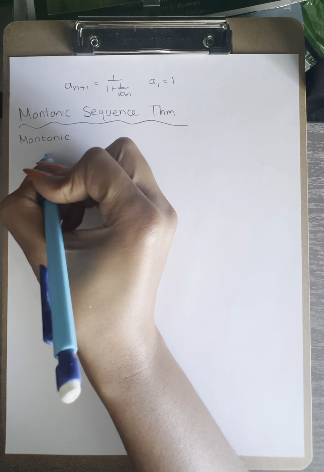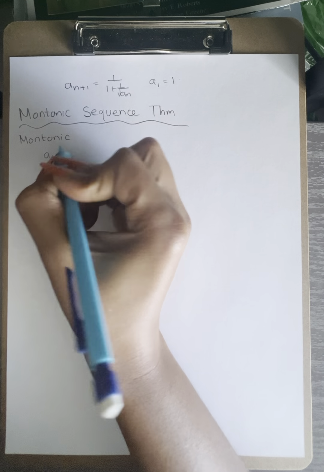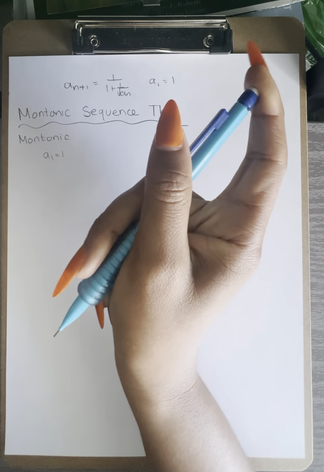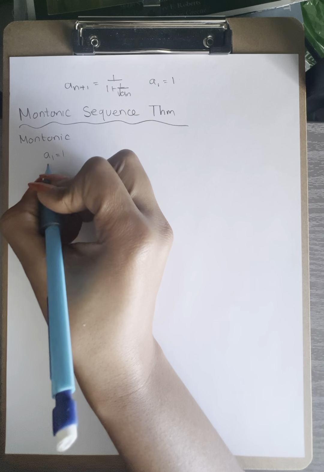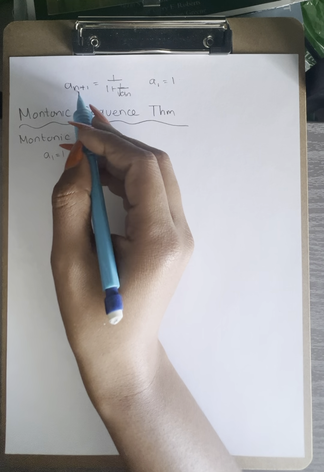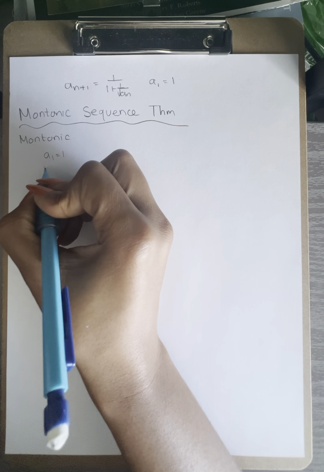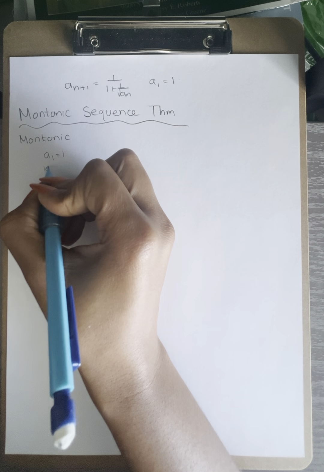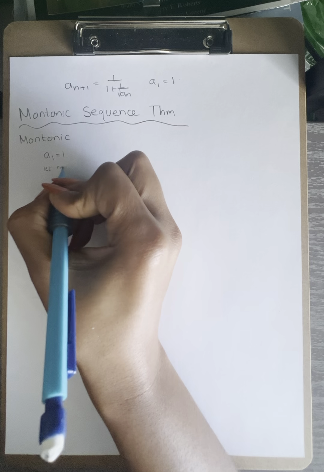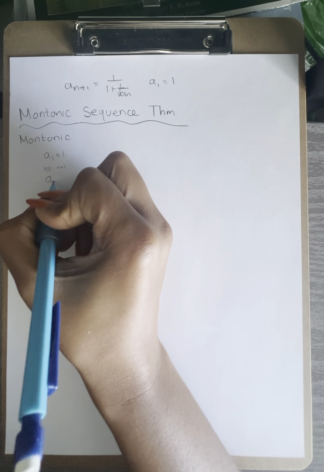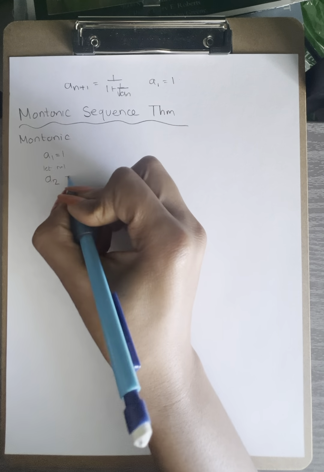So the first term that they gave me was a1, which is equal to 1. Now this is a recursive formula, so in order for me to find my next term, I'm going to let n equal 1 to help me find a2.